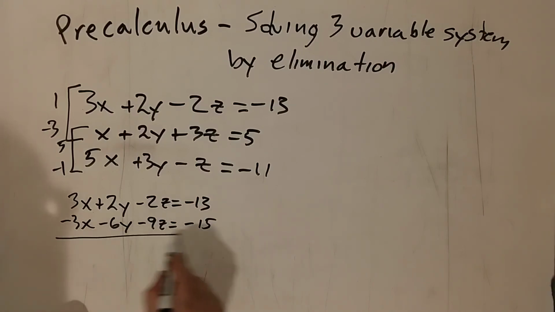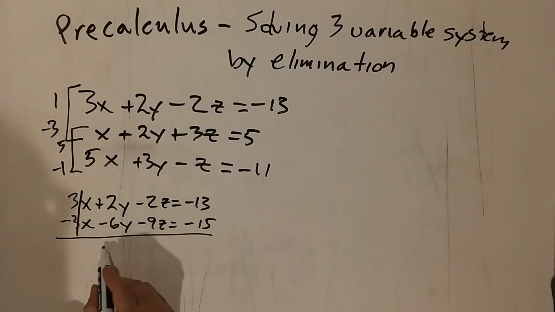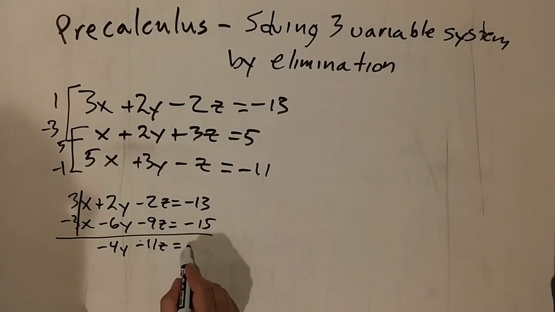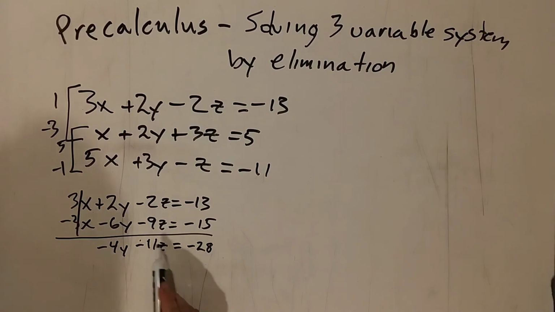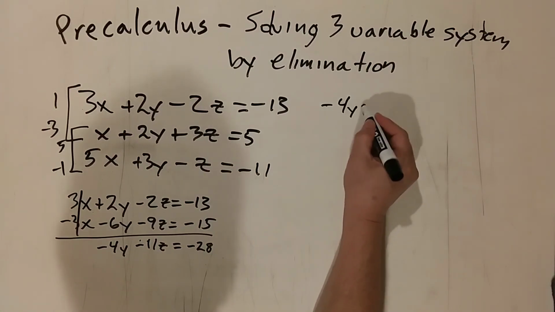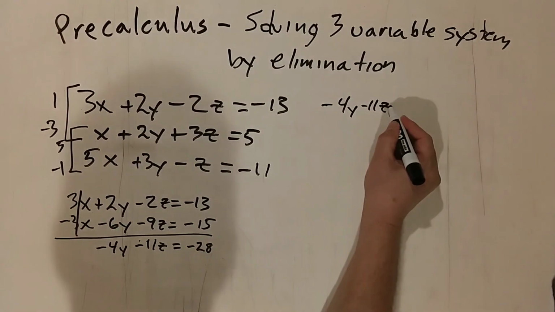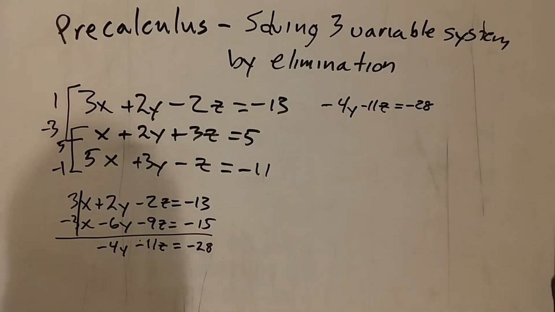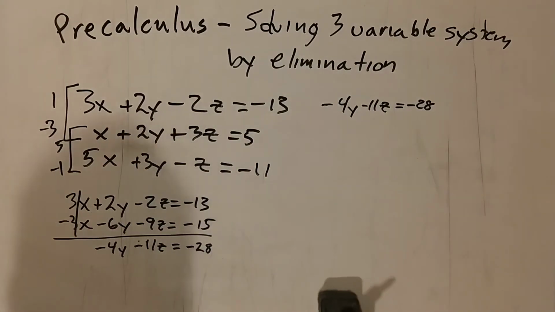Now we add these together, and I get negative 4y minus 11z equals negative 28. And that's the first one we get.